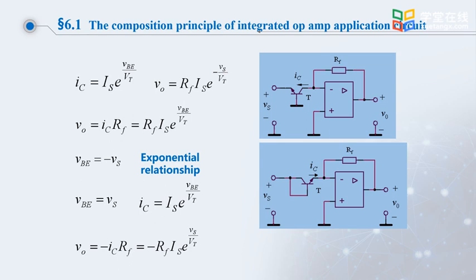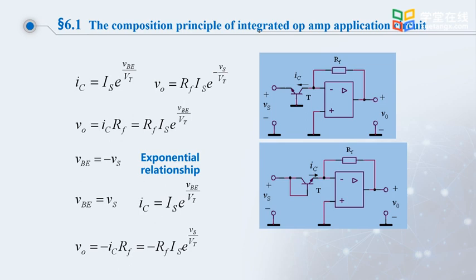Therefore, VO minus the voltage 0 here is equal to IC times RF. VO is the voltage drop across the feedback resistor. IC has an exponential relationship with VBE. We put this expression in, and then it is equal to RF multiplied by the exponential relation.